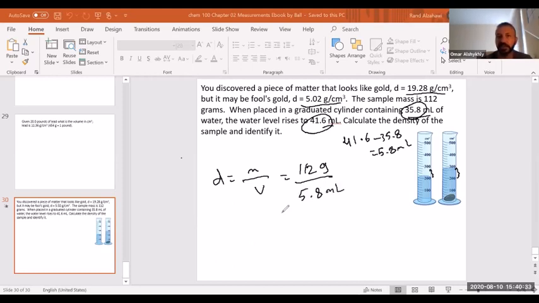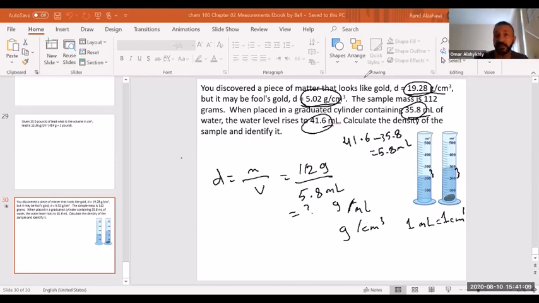Put it here and you will get the result, your density in gram per milliliter, which is the same as gram per cubic centimeter, because 1 milliliter equals 1 cubic centimeter. You will compare it with the density of gold. Here I think it will be gold.